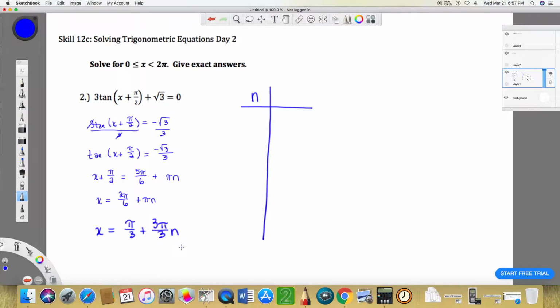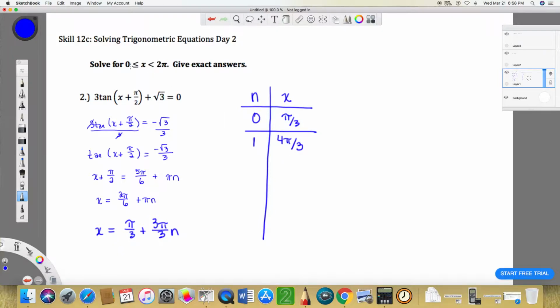So if n were negative 1, we would be below 0. We're not looking for values in the solution set that's below 0. We want it between 0 and 2 pi, not including that 2 pi. So if I let n be 0, one of the solutions is going to be pi over 3. If we let n be 1, then we've got 4 pi over 3.